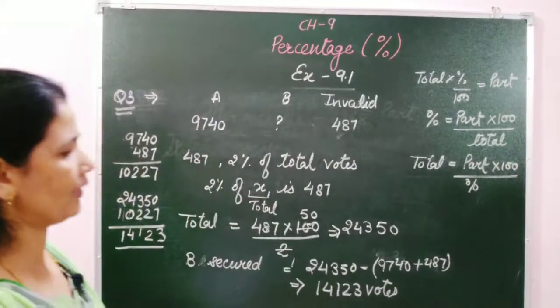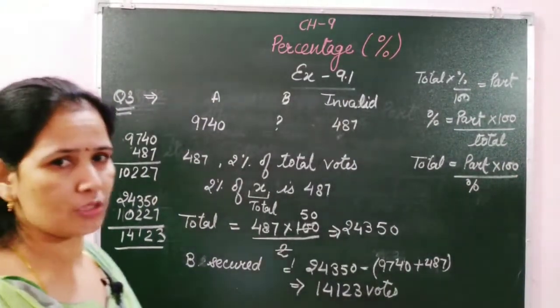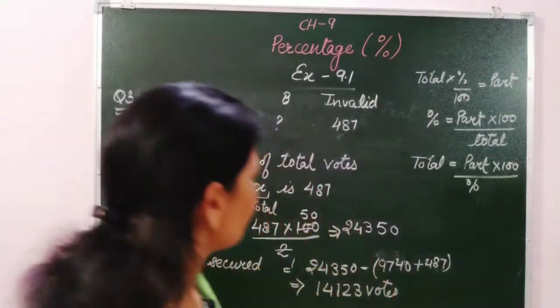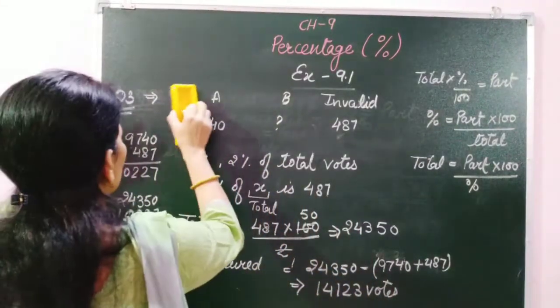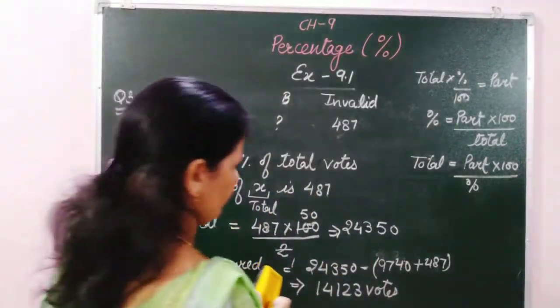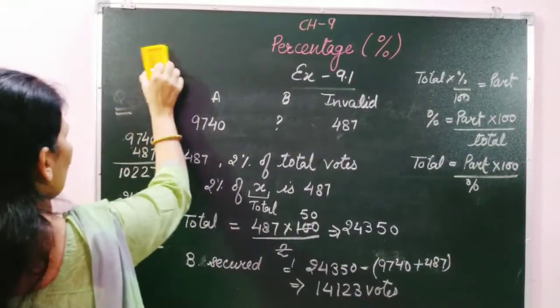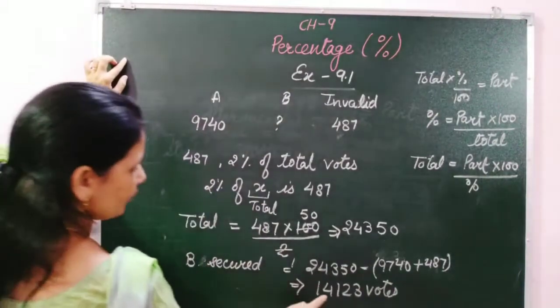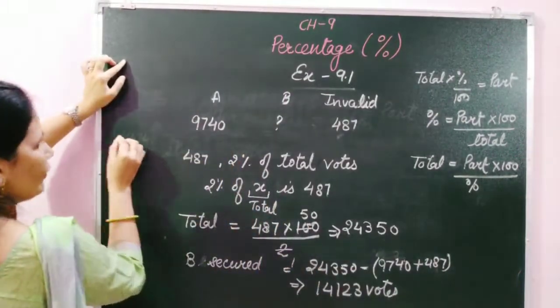So what percent of votes did A get? Now we have to find out the percentage of A votes. That is the last part from here. To find the percentage of A votes, I am going to erase this one here and explain this one. To find the percentage, students, we know we have the total.